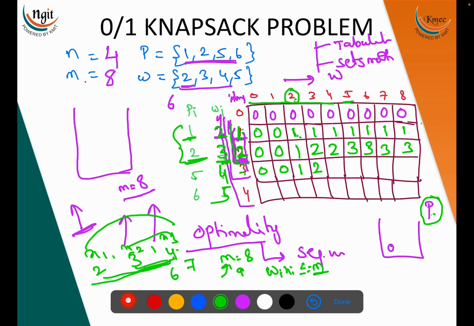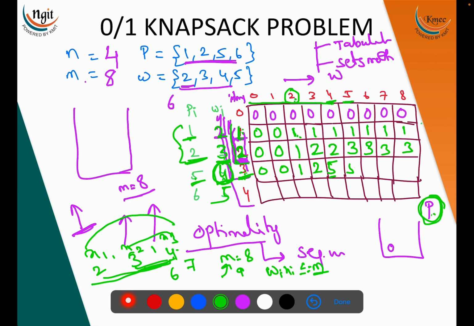When the bag capacity is 4, which item do we have? The X3 item. The X3 item has a weight of 4. The profit of X3 is 5. So write here 5. That's why the X3 item is getting placed in the table. Now here I am writing only profit. So I write here 5.